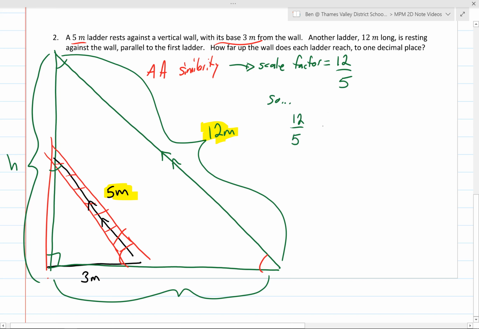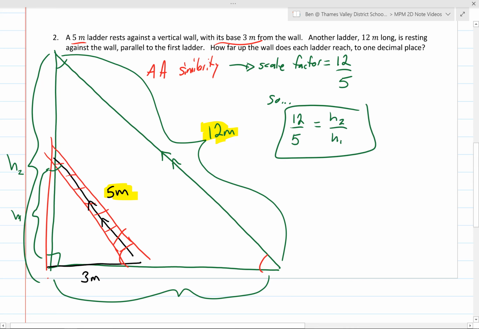Now, if that's our scale factor, we can use this. 12 divided by 5 will equal our height of the big ladder divided by the height of the small ladder. We'll call this H2 for the big height and H1 for the small height. I know 12 divided by 5 equals H2 divided by H1.